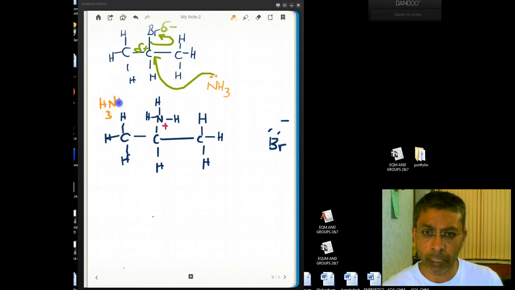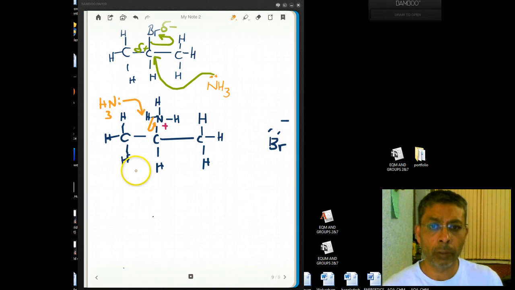So we've got NH3. So this mechanism is in 2 parts really. There we are. That and a brand new ammonia molecule comes along and takes away a H. At the same time, the electrons from this bond will move onto that nitrogen to replace the lone pair and also extinguishing that positive charge.